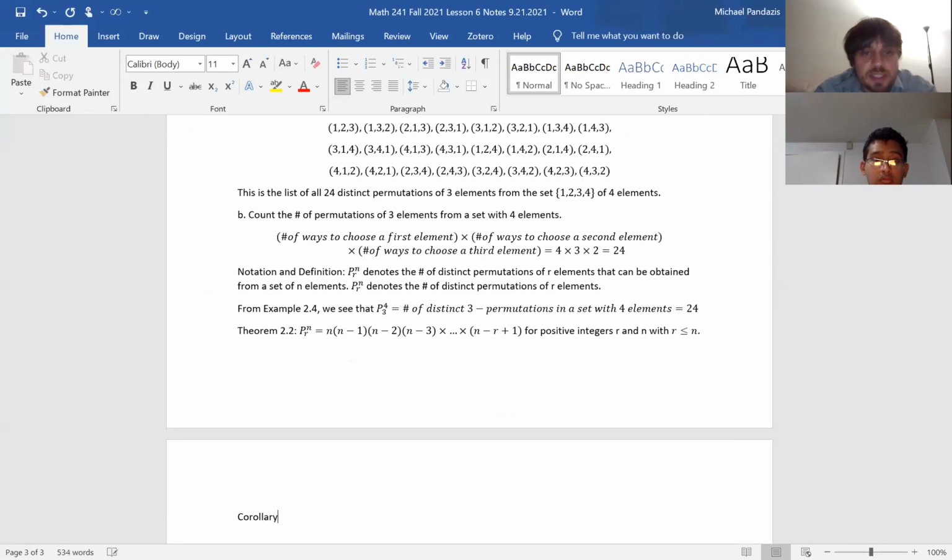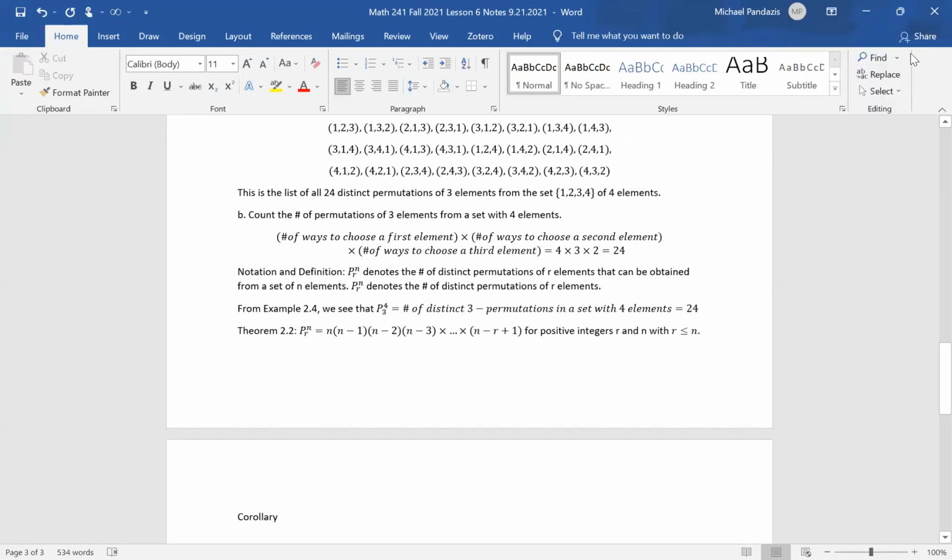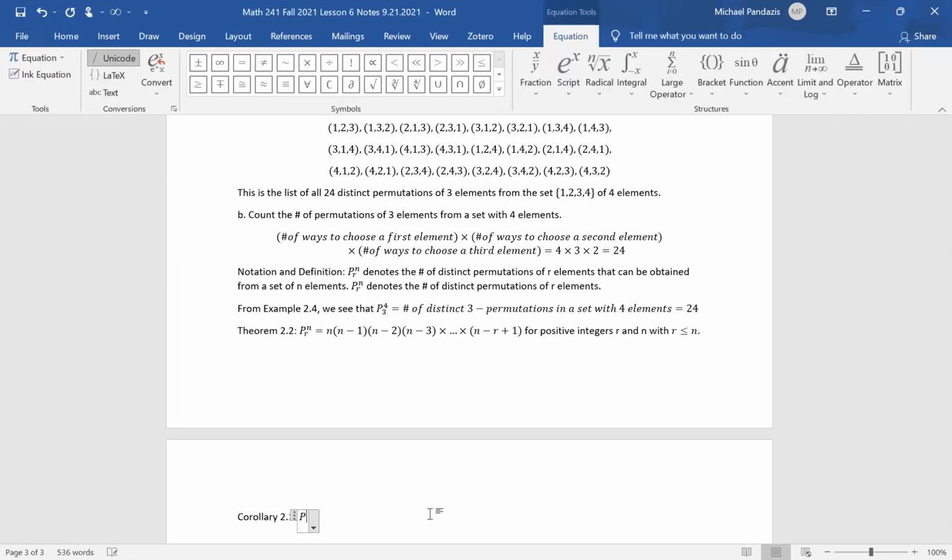Next is the corollary. Okay, so we have corollary 2.1. Corollary 2.1 says that P lower script R superscript R is equal to, well, now you want the number of R permutations in a set with R elements.